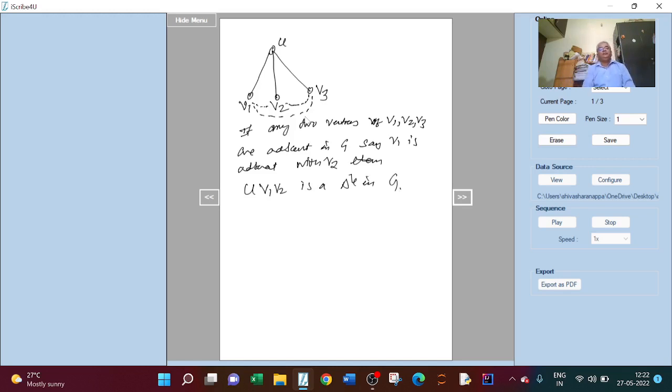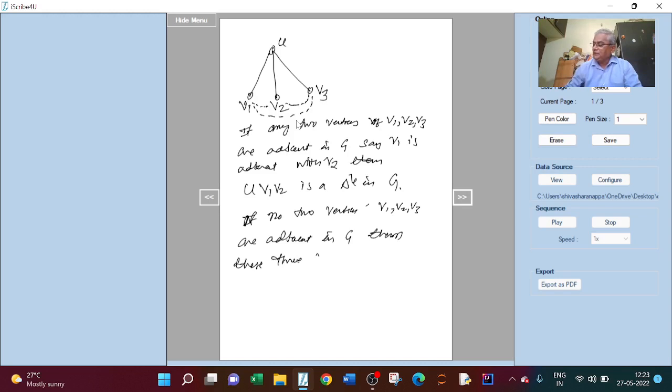Okay. Now suppose no 2 vertices of V1, V2, V3 are adjacent in G, then these three vertices are mutually adjacent in G bar.